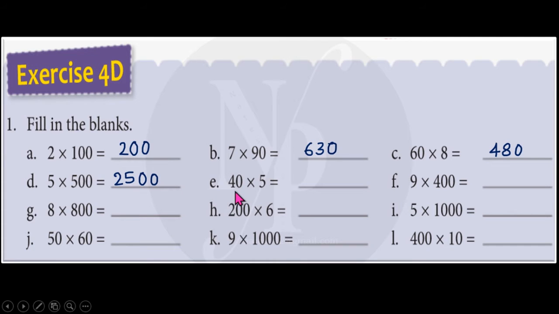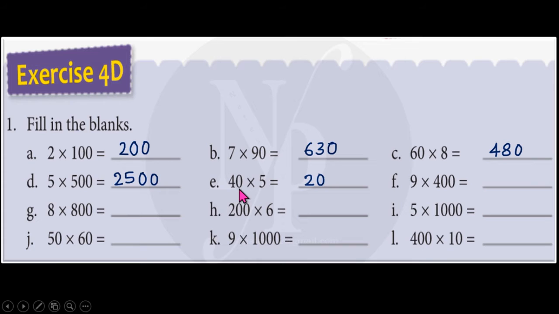Coming to E, 40 into 5. Let's multiply 5 and 4 first. So 5 4s are 20. We write 20. And we look for the number of zeros in these numbers which are being multiplied.